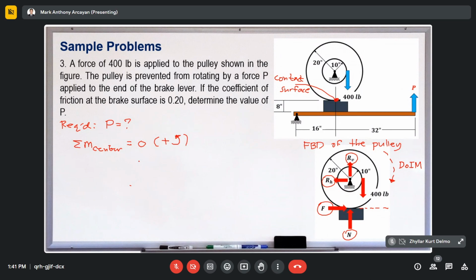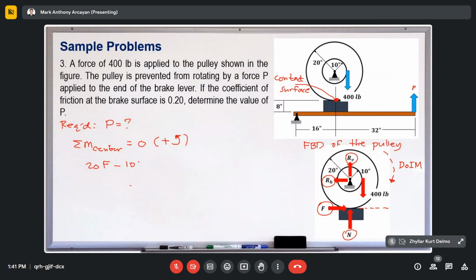That's 20 inches. So we put here 20 times the frictional force minus the 400 pounds. The reason why it is minus is that the 400-pound force has a tendency to rotate this pulley in a clockwise direction. Its moment arm is the inner radius, or the radius of the inner circle.